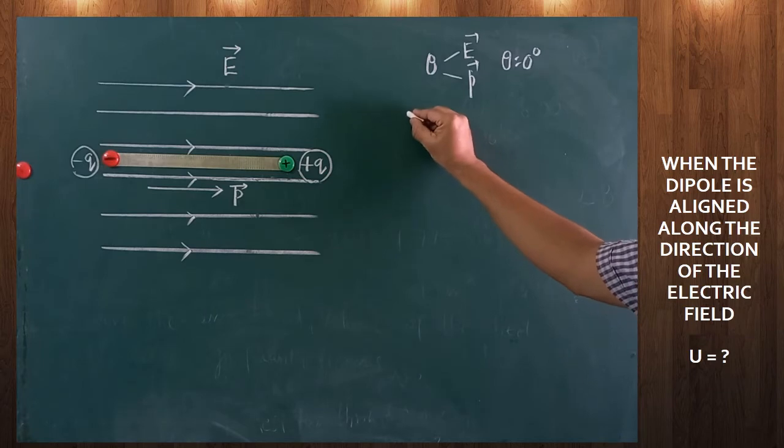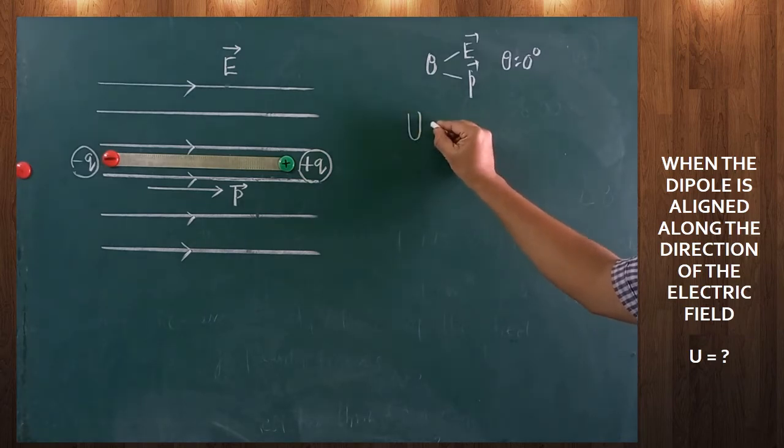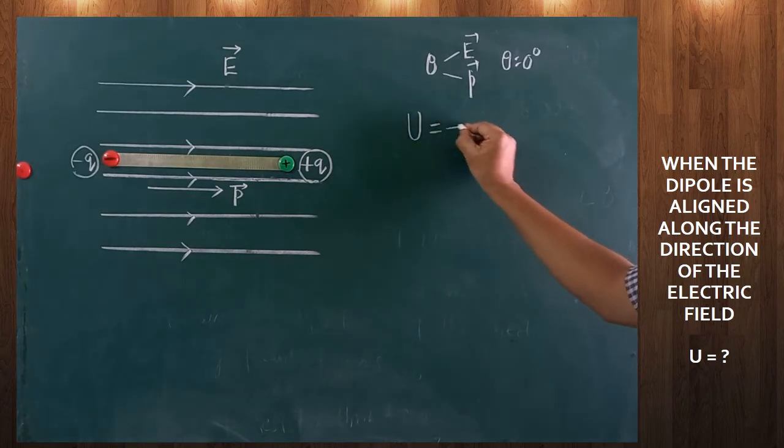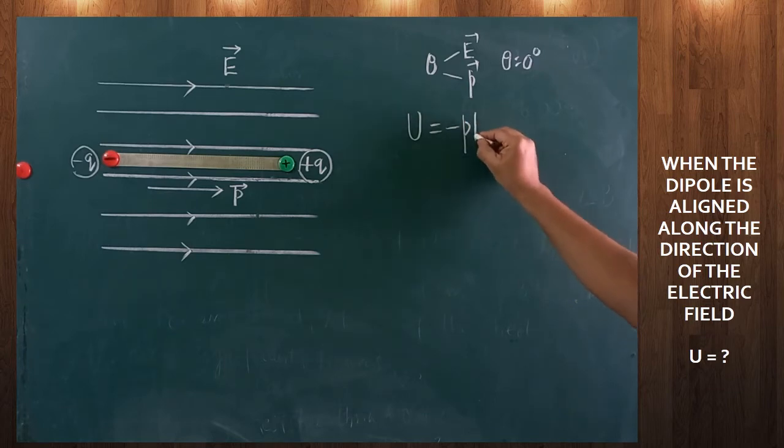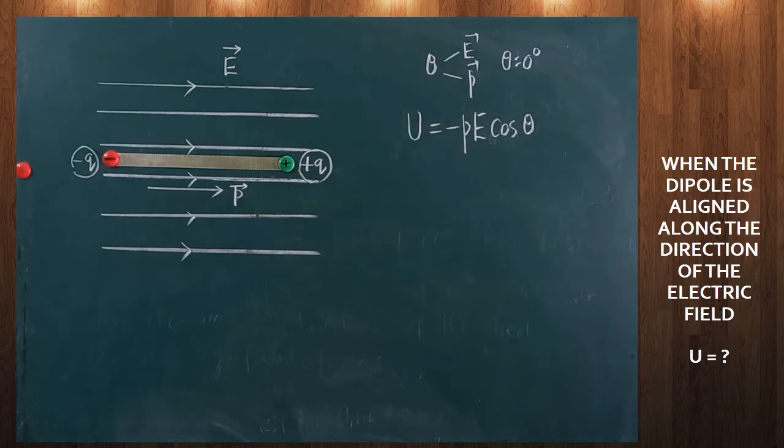So what is the formula to calculate the electric potential energy stored in the dipole? U equals minus P E cos theta. This is the formula. Don't forget. At a particular position, to calculate the electrostatic potential energy, this formula must be used.